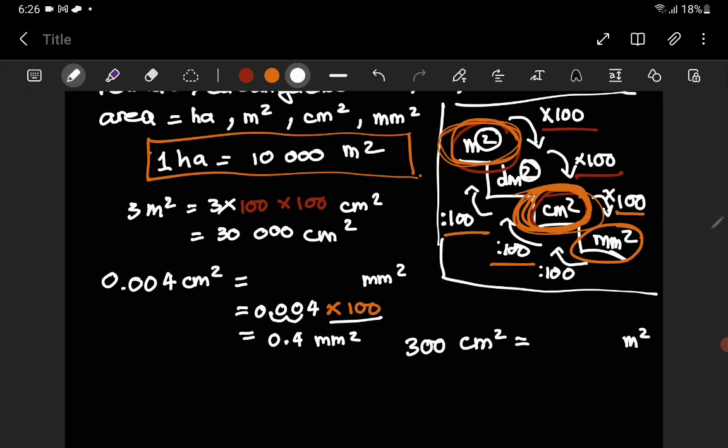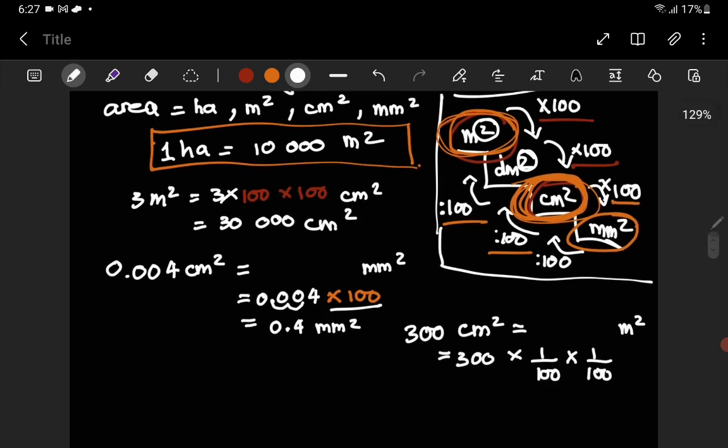To convert this, I will say 300 times 1/100. Why times 1/100? Because it's the same as 300 divided by 100, since 300 times 1 is 300, divided by 100. And I do that twice, so I multiply again by 1/100, going up again.